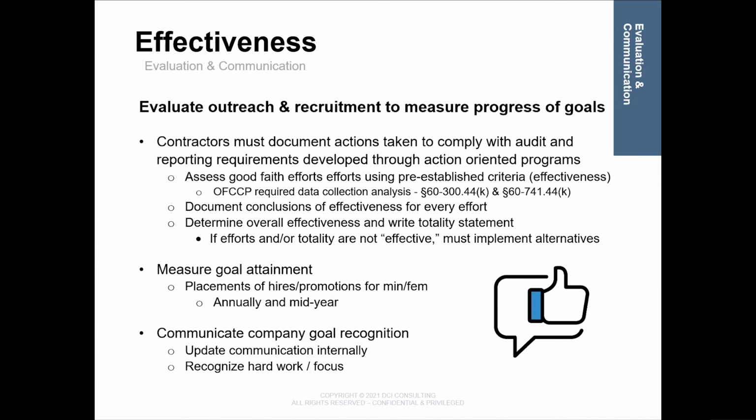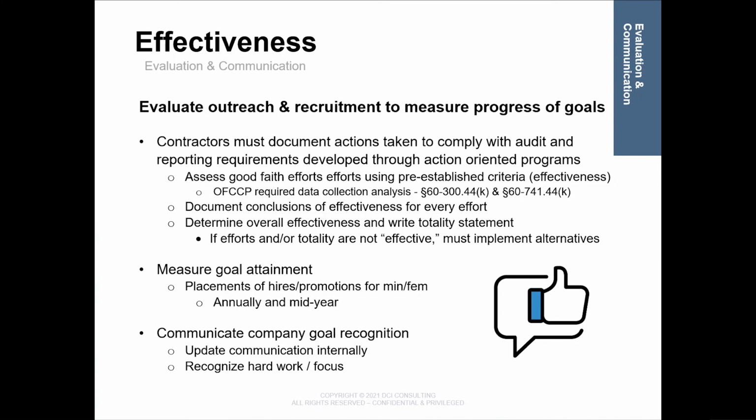So effectiveness is really assessing your company's good faith efforts using pre-established criteria. And these criteria are not created or dictated by OFCCP. It's up to you as the contractor to decide and establish what criteria you're going to use to measure effectiveness.